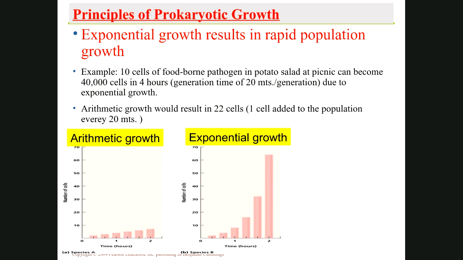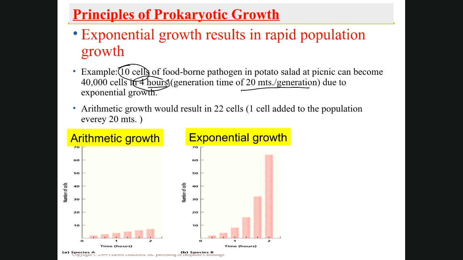Oh yeah, I'm sorry. Yes, this example right here just illustrates how quickly a bacterial population may grow in numbers. You have 10 cells. The cells are going to go through doubling in numbers every 20 minutes for a period of 4 hours.